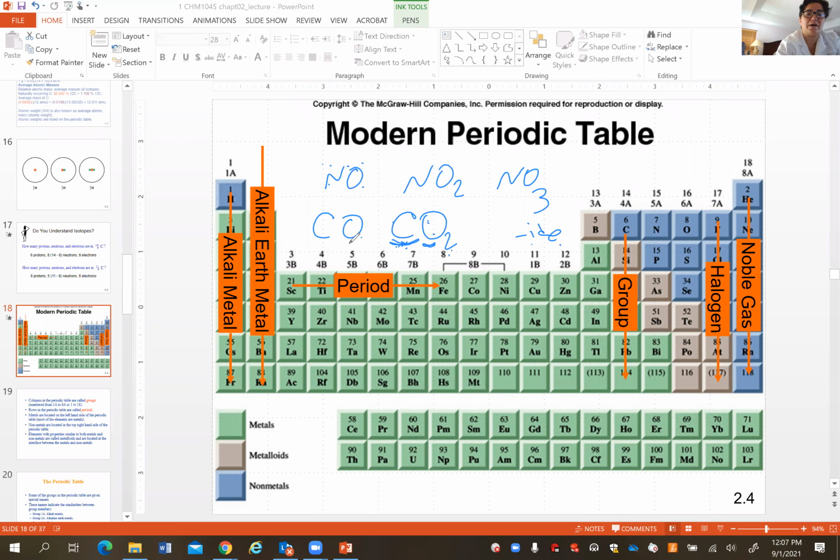You have to worry about the subscript, so you are going to use prefixes for the subscripts. Carbon oxide, you haven't heard of that. It doesn't make sense anymore because it's a molecular compound. So you have to say, how many oxygen do you have with that carbon? Is it 1 or 2? If it's 1 oxygen, you would say monoxide. If it's 2 oxygen, you would say dioxide, trioxide, tetraoxide, pentoxide.